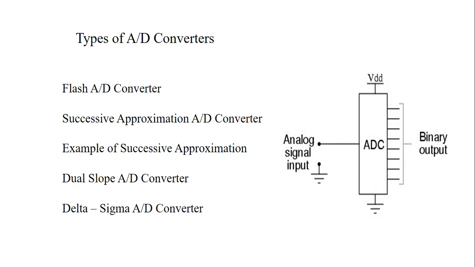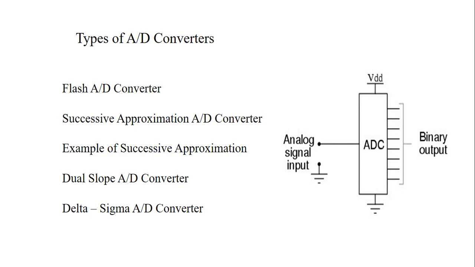Types of ADC. In our digital electronics subject, we have already studied these A to D converters: flash ADC, successive approximation converters, abbreviated as SAR, and others such as dual slope and delta sigma.